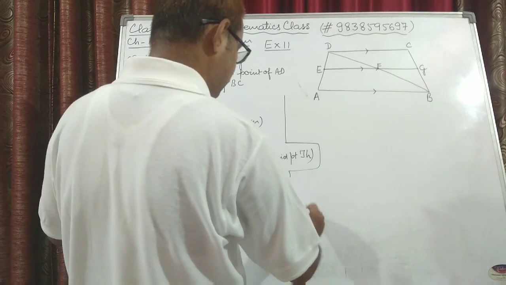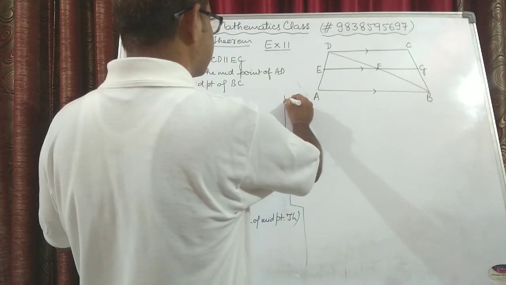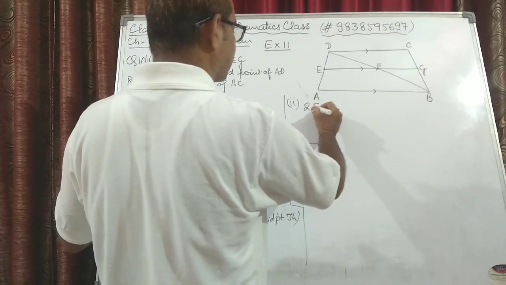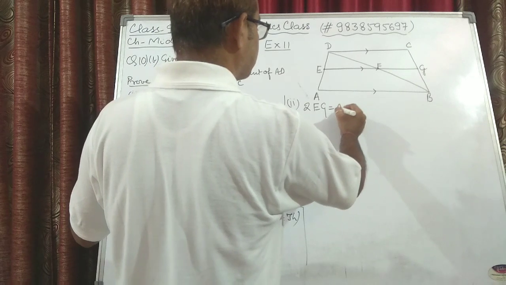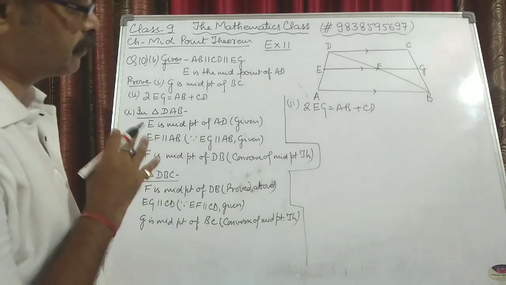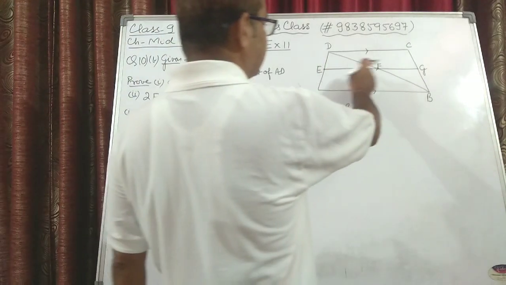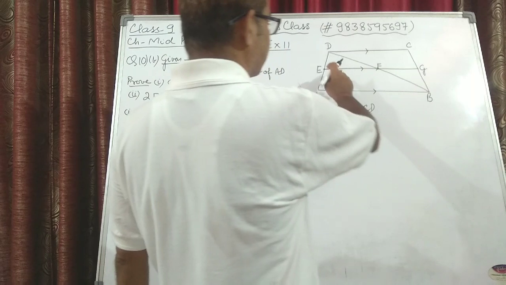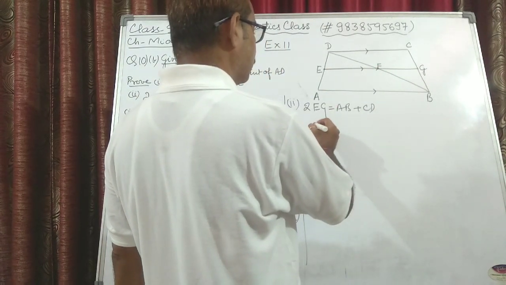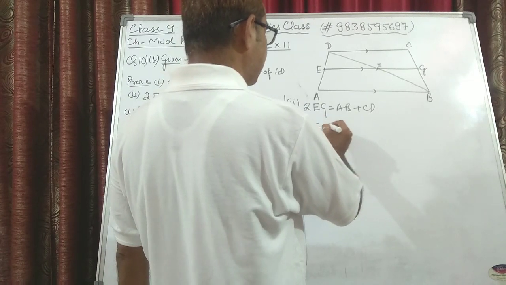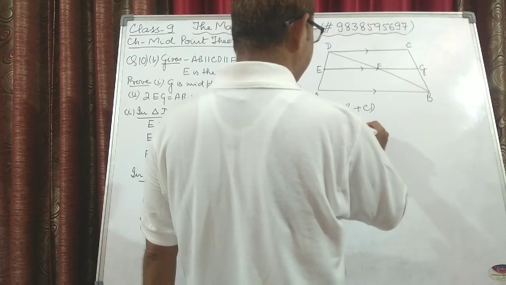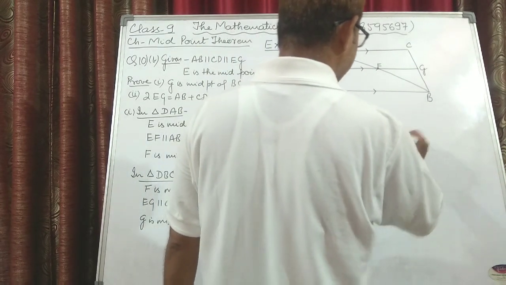Now we will talk about the second point. Second point, you have to prove that 2 times of EG is equal to AB plus CD. Same as we have done in the A part, everything is same. We know that EF is parallel to AB, so we can say EF will be half of AB according to midpoint theorem. So first of all, EG can be written as EF plus FG.